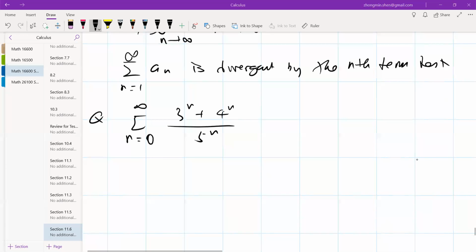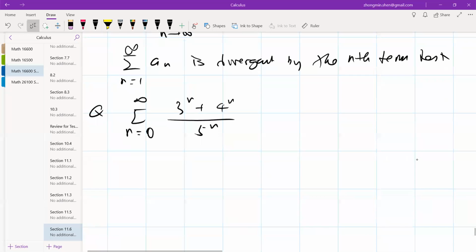All right. If we just want to prove it's convergent, it's relatively easy. I already gave some ideas. 3 to the n plus 4 to the n, right? And this is the nth term. You just need to get the upper bound, controlled by another b_n. If the sum of b_n is convergent, then it's convergent. So 3 to the n is less than or equal to 4 to the n, right?